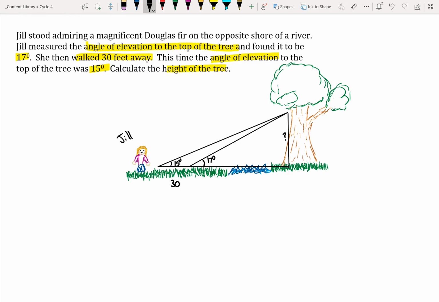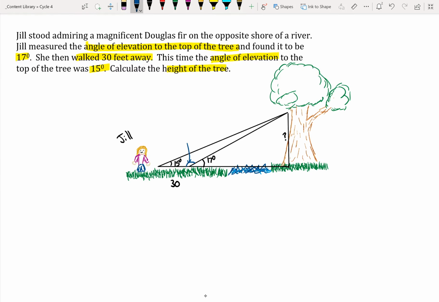The first thing we want to do is try to fill in as much missing information as we can. Without doing any trig, there might be some information that we can fill in. So first I can fill in this angle here using what I know about my straight line theory, or supplementary angles.